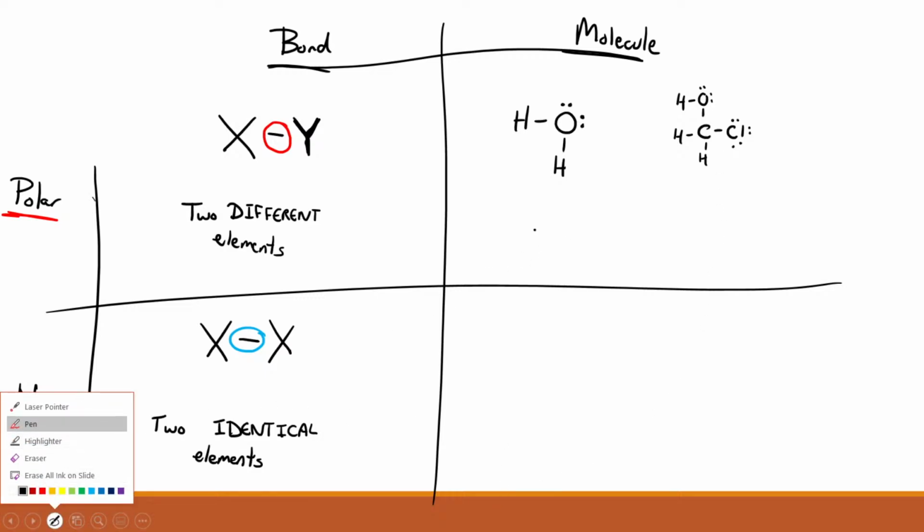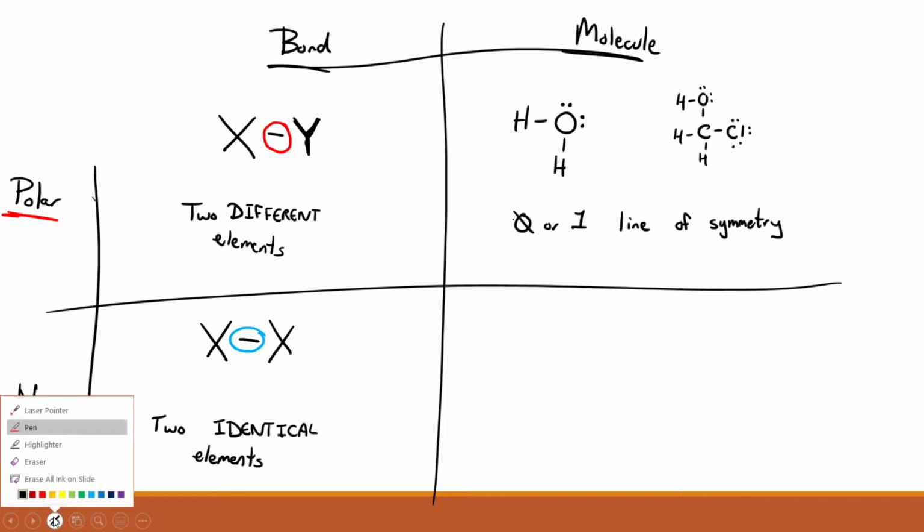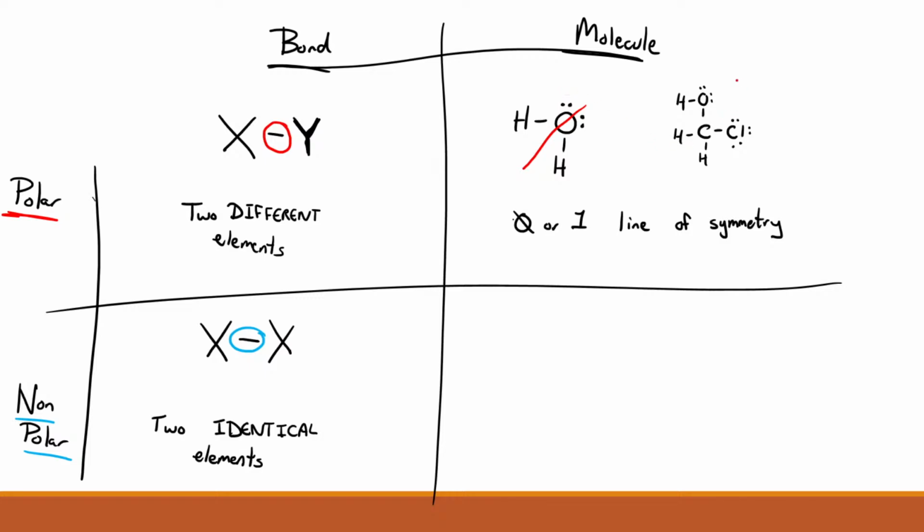Right, we're looking for a molecule with 0 or 1 line of symmetry. This has 1, this has 0. There's no way to draw a line of symmetry through this thing.